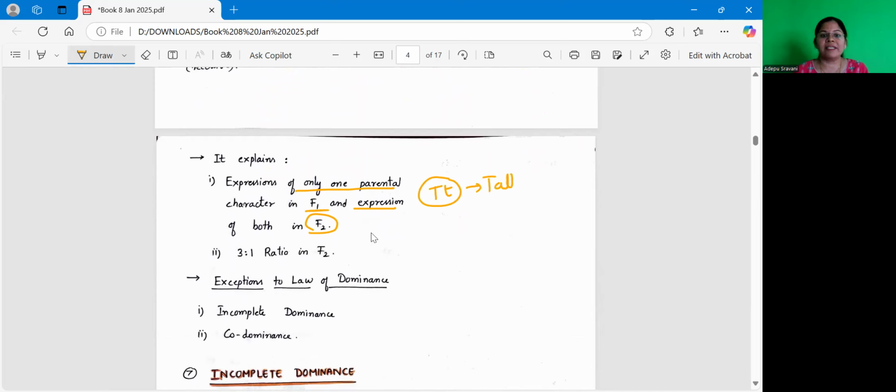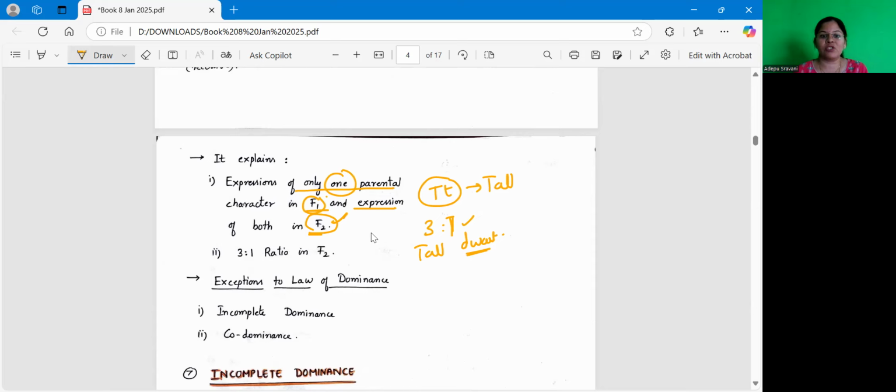Whereas in F2 generation, if you look at the morphology, 3:1 we have got, isn't it? 3 were tall and 1 was dwarf. That means the dwarfness which we could not see in F1 generation was seen in F2 generation. So both the characters are expressed in F2 generation, whereas only one is expressed in F1 generation.